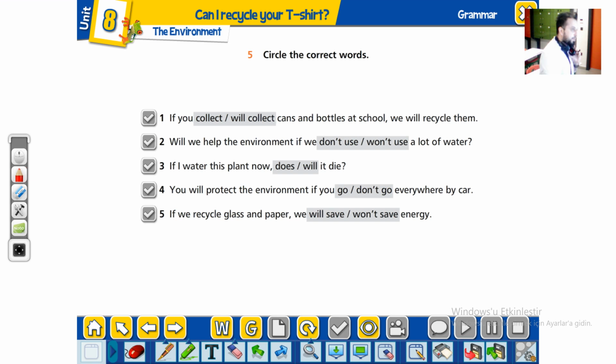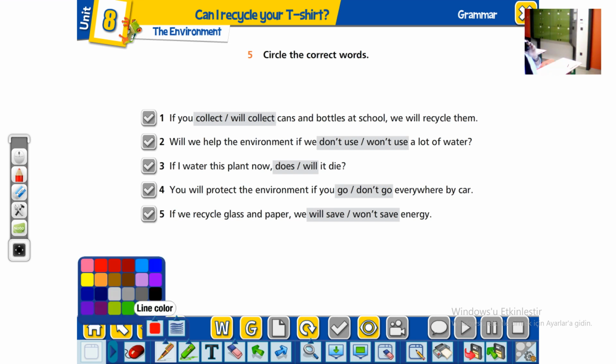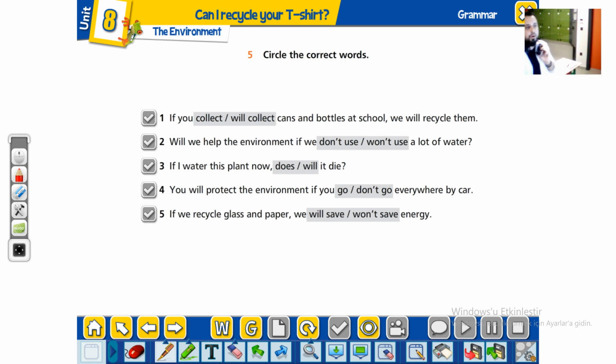And I take it you stopped the video and did the exercises. Now we are going to check it. First one, if you collect or if you will collect cans and bottles at school, we will recycle them. Remember, after the if clause, in the conditional part, we are going to use simple present.